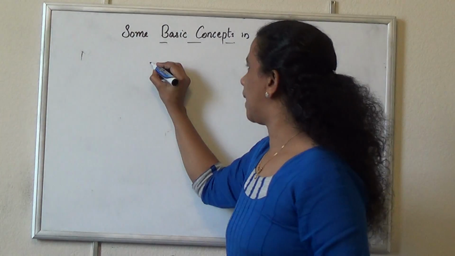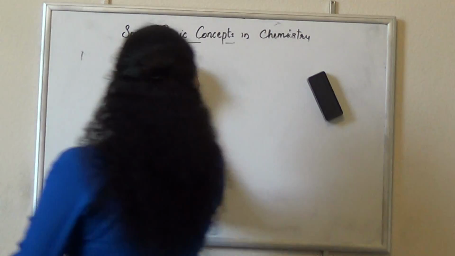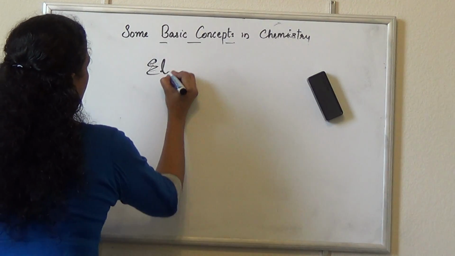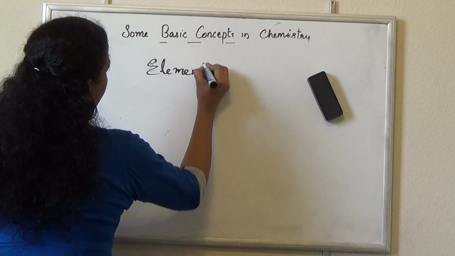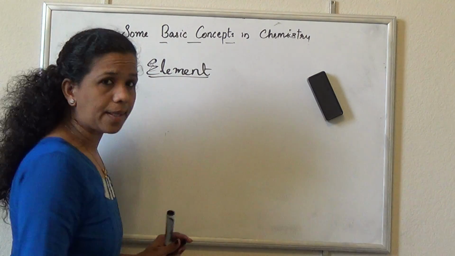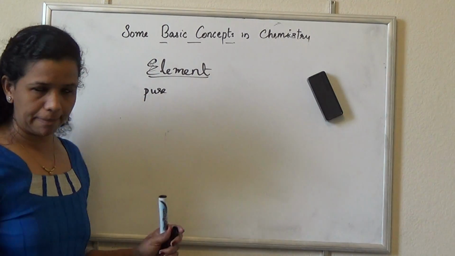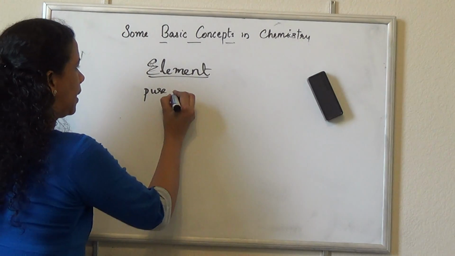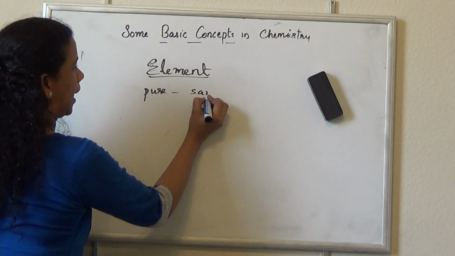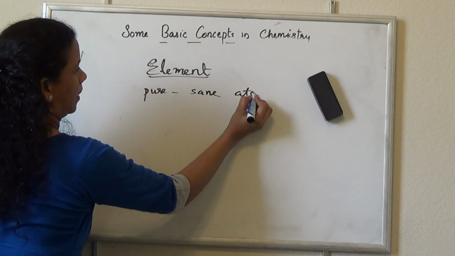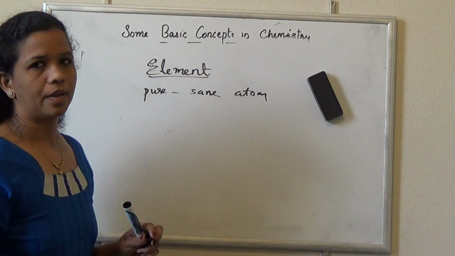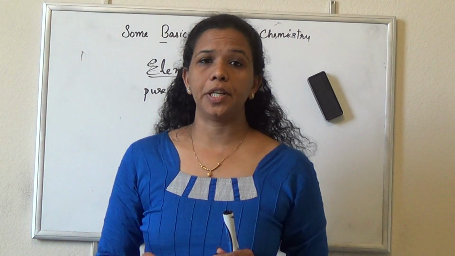What is meant by element? It is the purest form of matter. Element is made up of the same kind of atoms. So how can we define element?